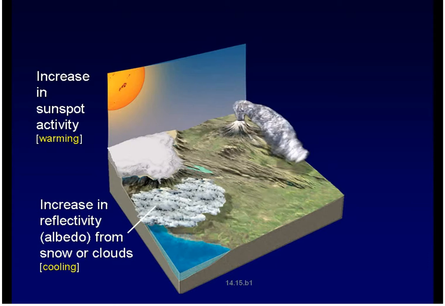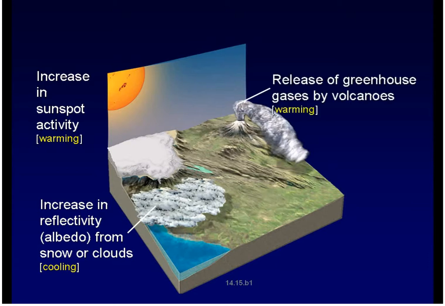The last two are examples we've talked about before, related to volcanic activity. We've mentioned quite a few times how we've had immense volcanic activity in the geologic past, particularly from flood basalts, producing greenhouse gases such as CO2 and overall warming.